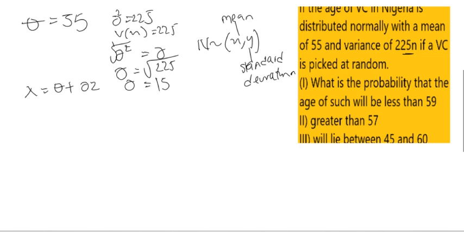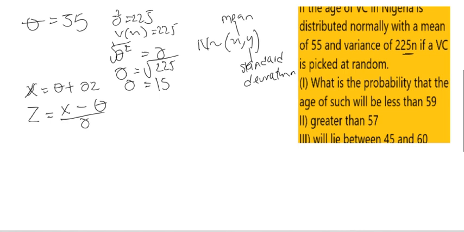So this x value is basically the probability that we are being asked to find. Now let's make z the subject of the formula. So z is equal to x minus our mean, all over the standard deviation. This formula is very important when we are dealing with normal distribution.